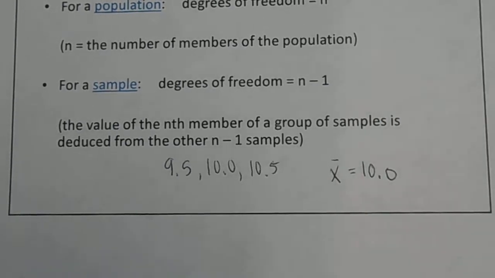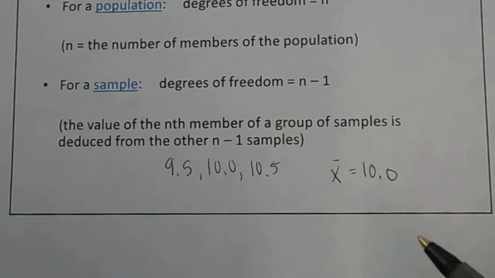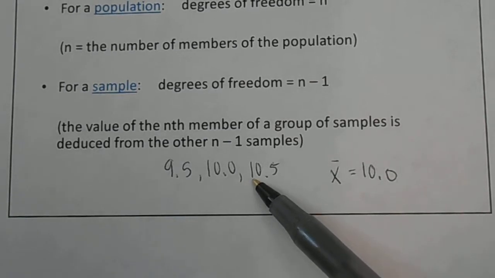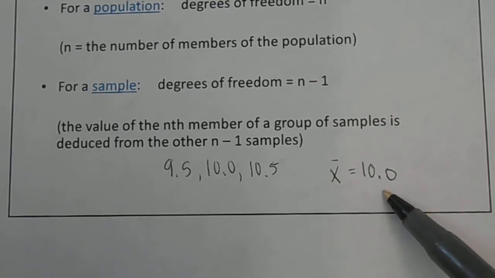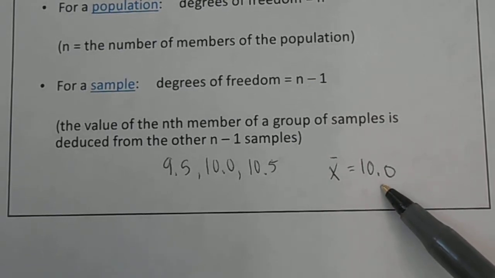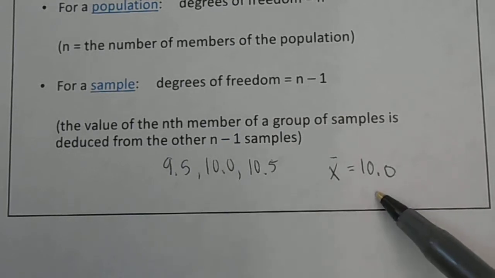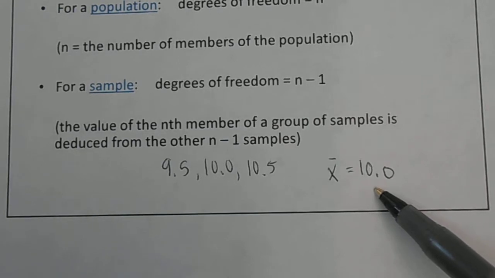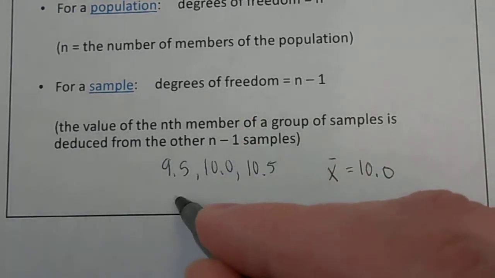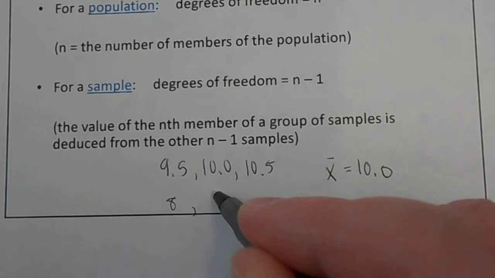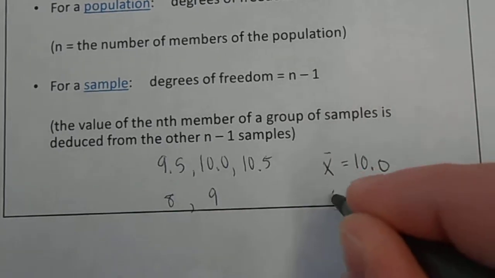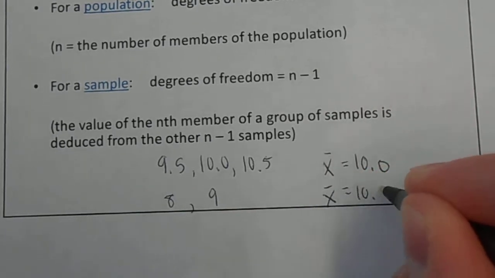So we could say that these 3 subsamples contribute to this mean statistic. Really we could have any 3 numbers come up to this same average as long as the average worked out that way. So say this was 8 and this was 9, and we still wanted the same mean of 10.